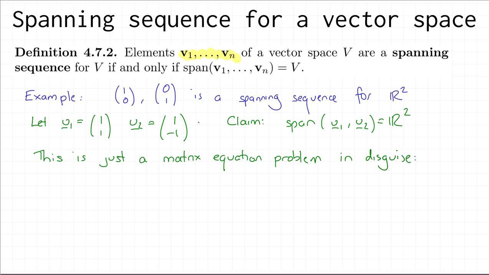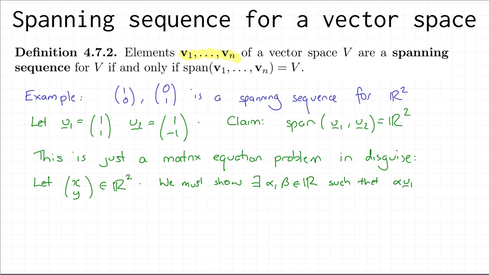So why is that? Well, if you want to show that the span is equal to R squared, you have to show that every element of R squared is equal to a linear combination of u1 and u2. So let's pick an arbitrary element of R squared. We'll call it the vector (x, y). And we want to show that there are scalars, alpha and beta, real numbers, such that alpha u1 plus beta u2 is equal to (x, y).